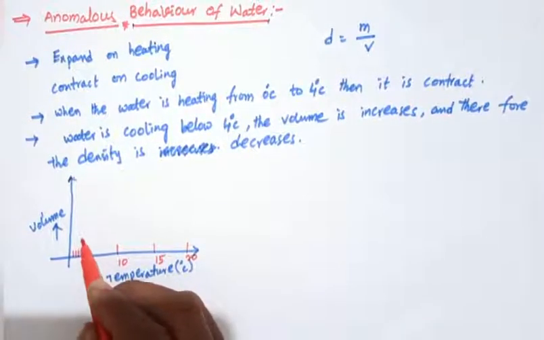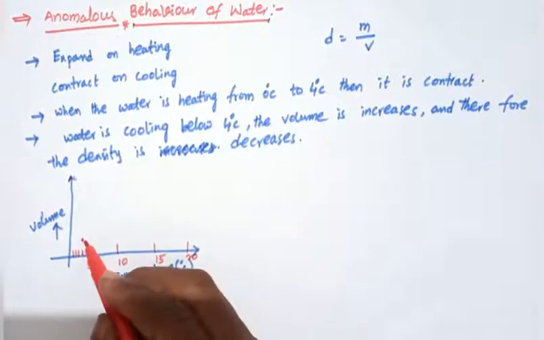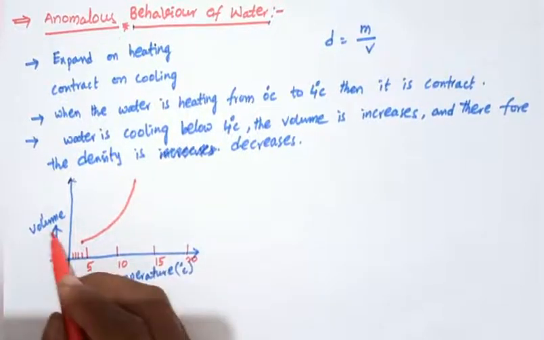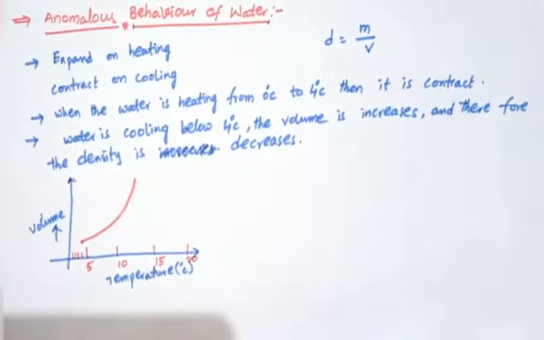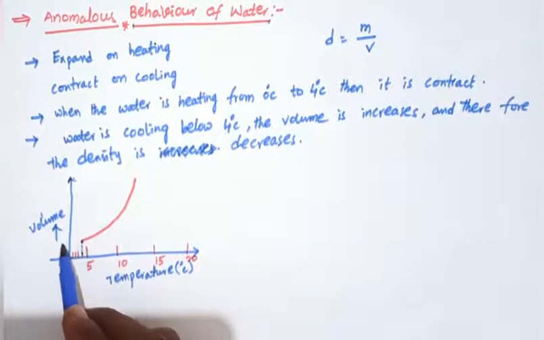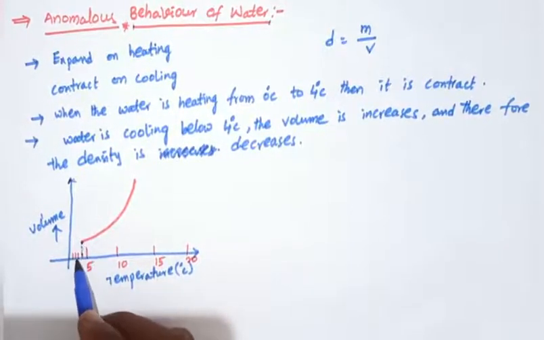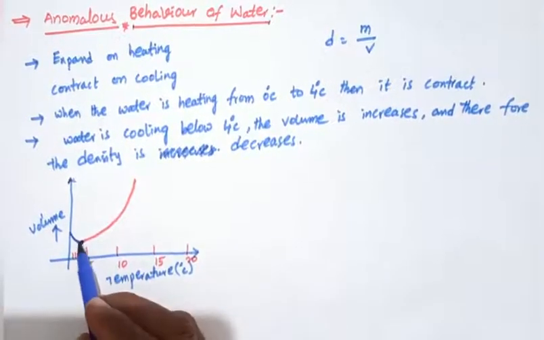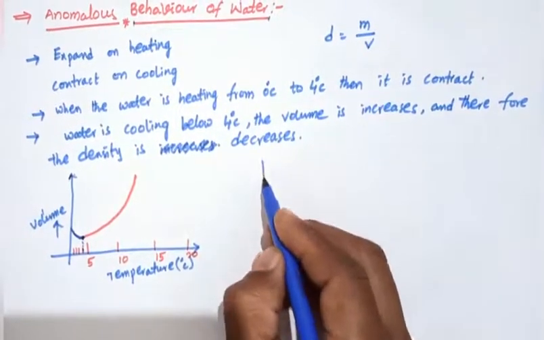At 4 degrees Celsius it is minimum, and when the temperature increases, volume also increases like this. But from 4 degrees Celsius downward, when we decrease the temperature, it is not contracting, it is expanding. Expanding is nothing but the volume also increases.